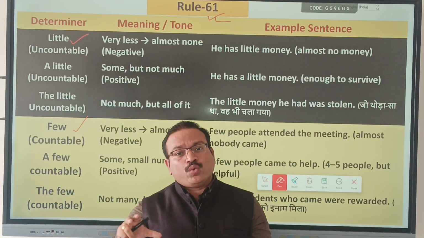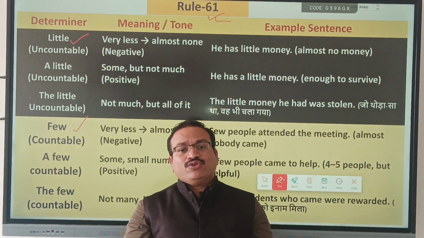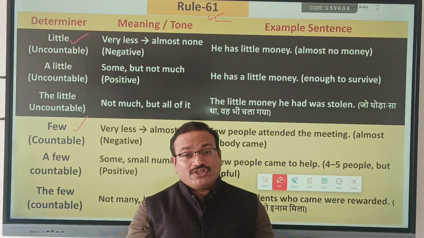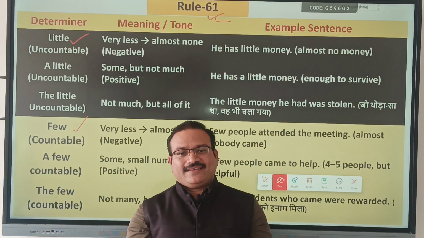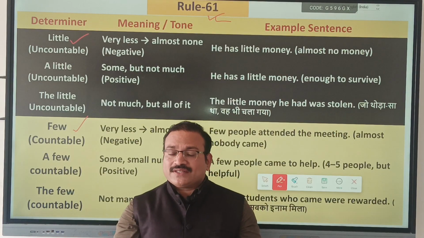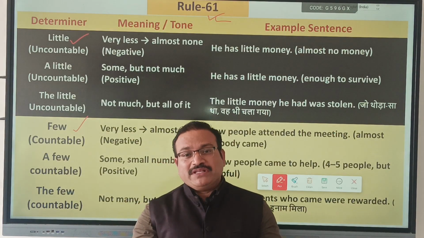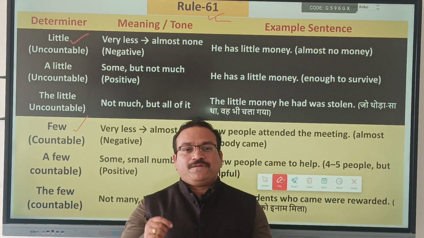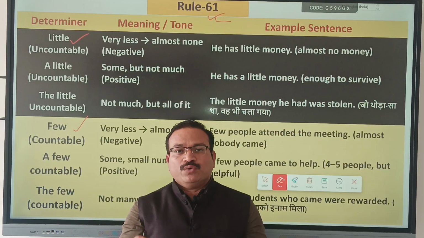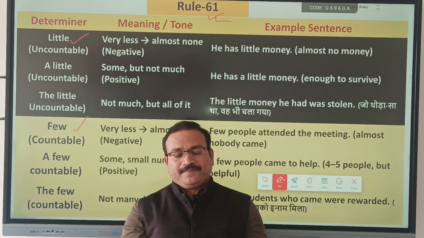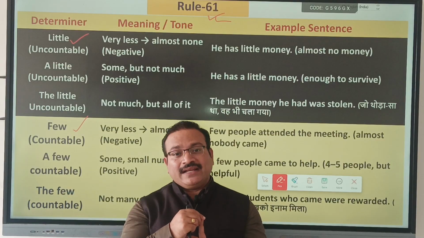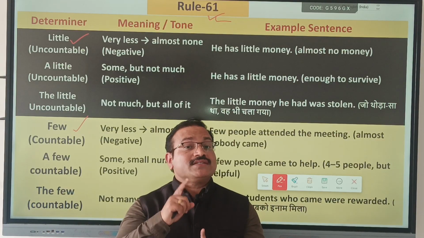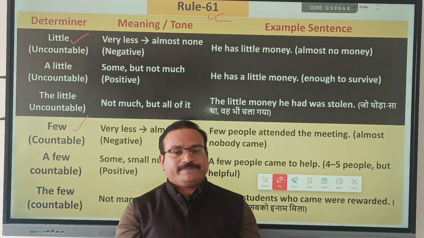They show number and quantity. Little is used with uncountable noun like little sugar, little rice. Few is used with countable nouns like few students, few schools, few books. So first difference is little is uncountable and few is countable.